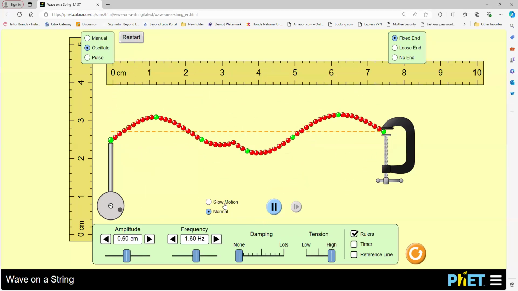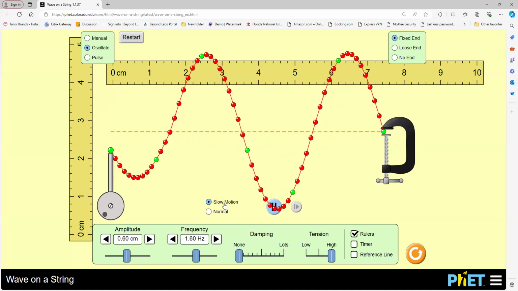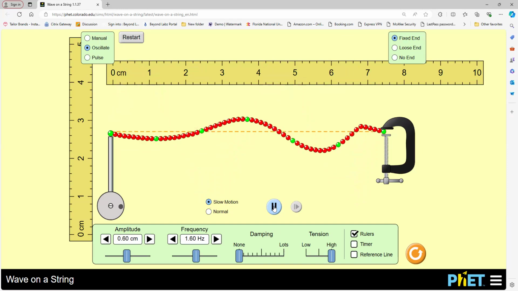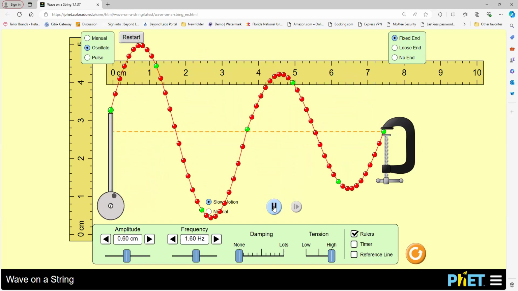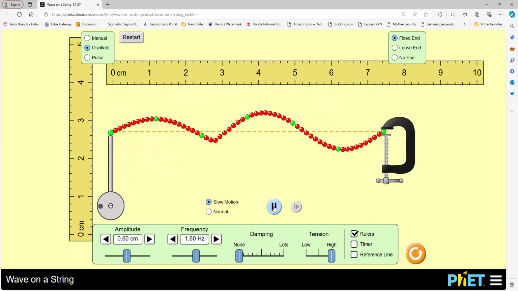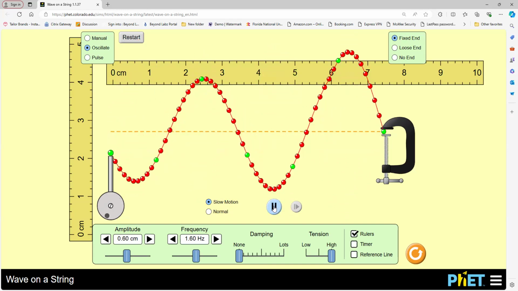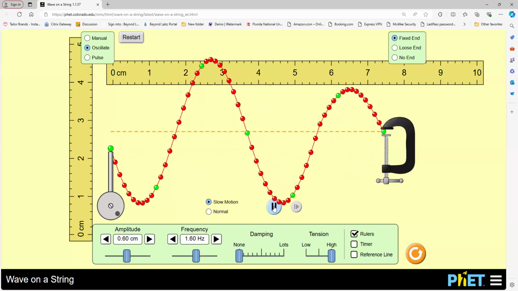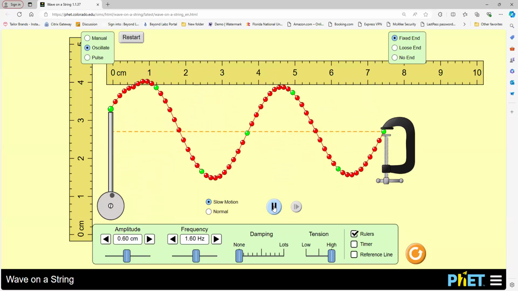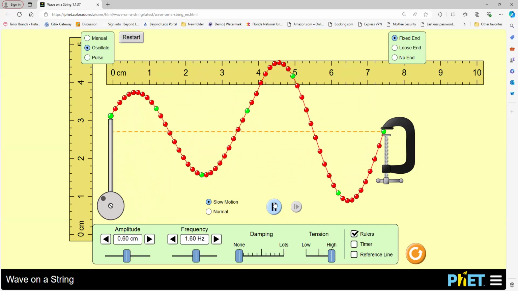So you should put this in a slow motion, otherwise it will be very difficult to measure wavelength. So what do you have to do if you want to measure the wavelength for this amplitude, for example, of 0.60 and this frequency of 1.60 hertz. So remember, we are not going to change at all the frequency.